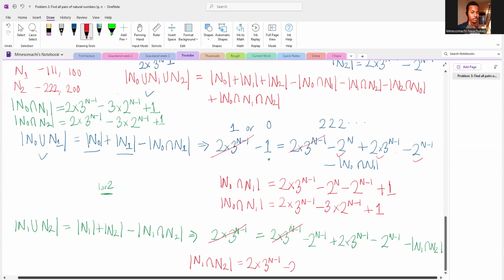Then we just have minus 2 to the power of n. Yeah, I think that's it. So this and this gives minus 2 times 2 to the power of n minus 1, and that's about 2 to the power of n. Okay, so we can bring this here.